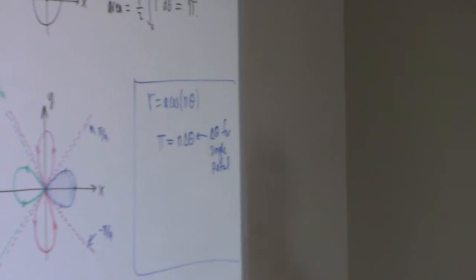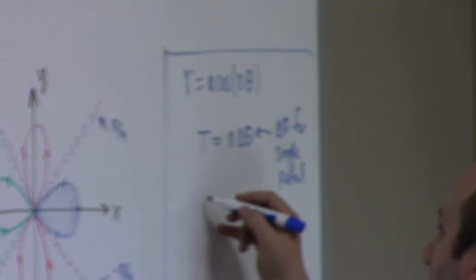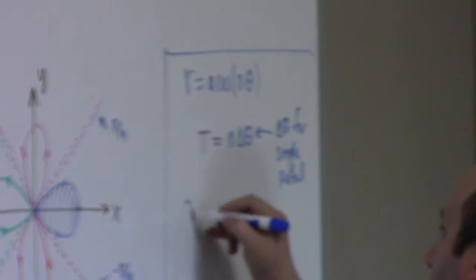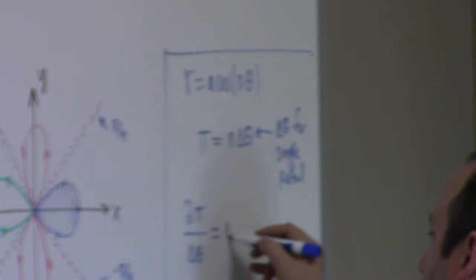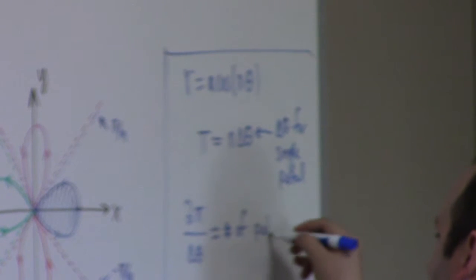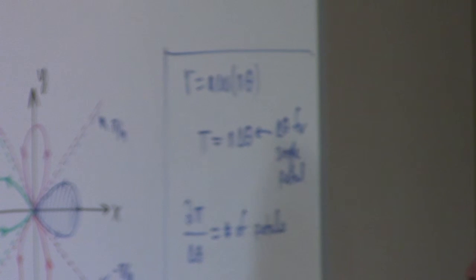If you ask how many petals there are, you take 2 pi divided by delta theta. If the change in angle is the angle for one petal, taking 2 pi and dividing by the change in theta gives me the number of petals.